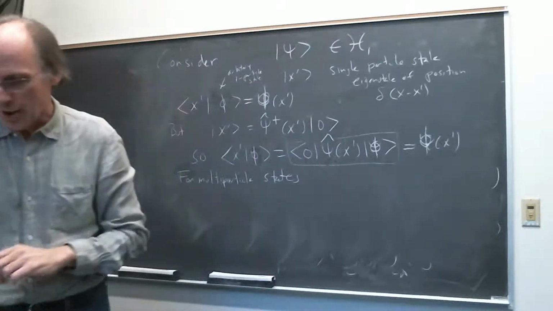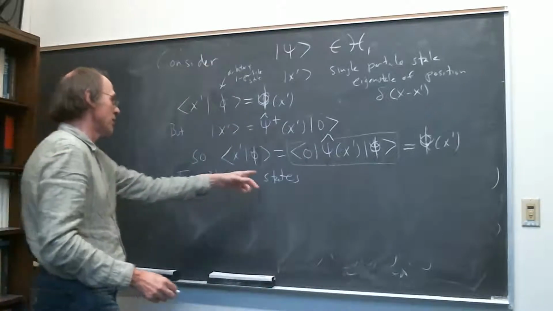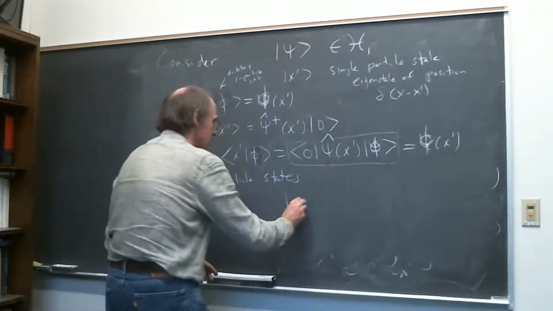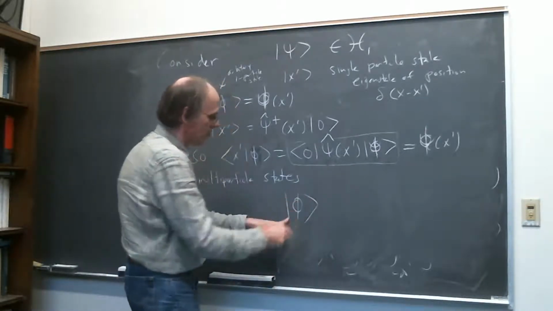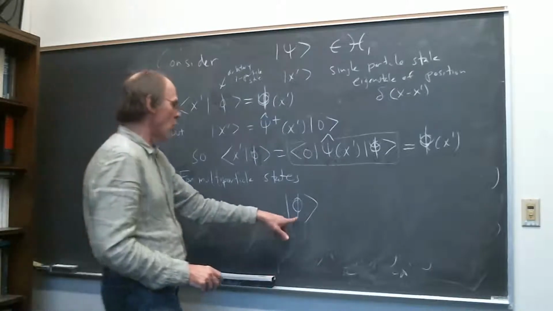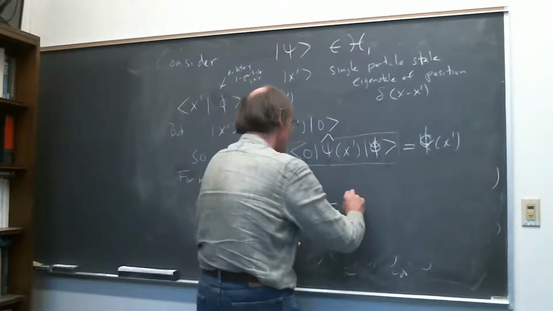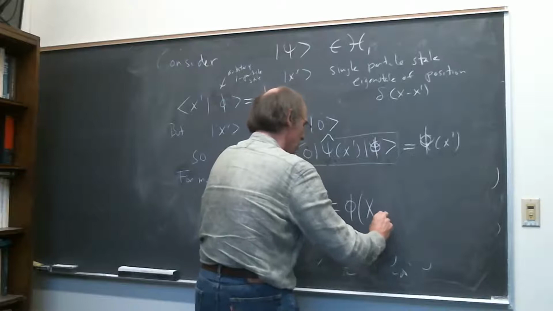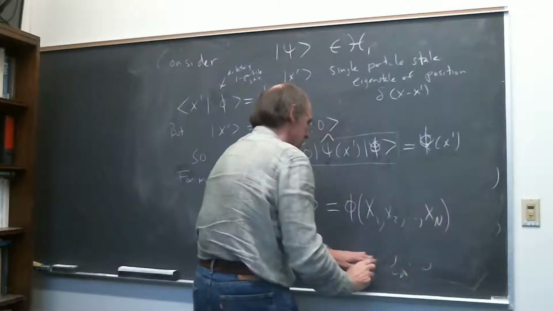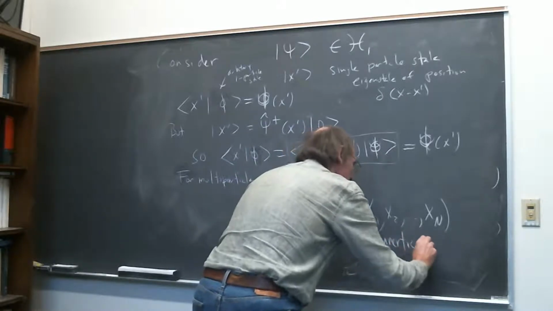Okay. But for multi-particle states, you could do the same thing. If somebody gives you some multi-particle state, and all you know is that it's some state that's got n particles in it, and you want to know the wave function, then what I want to do is something to this to produce the wave function of x1, x2, through xn, which is then symmetric under interchange.